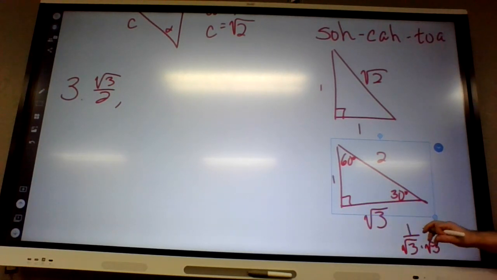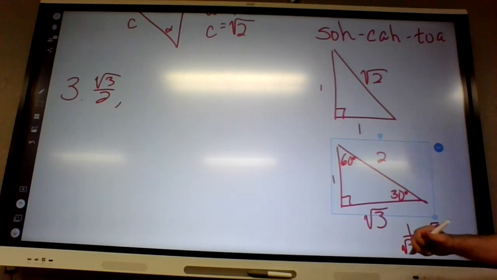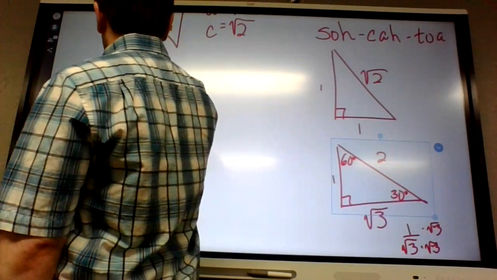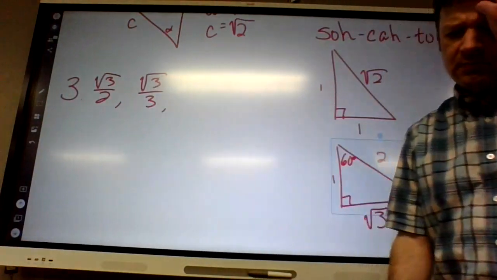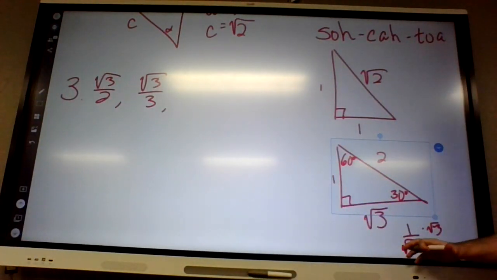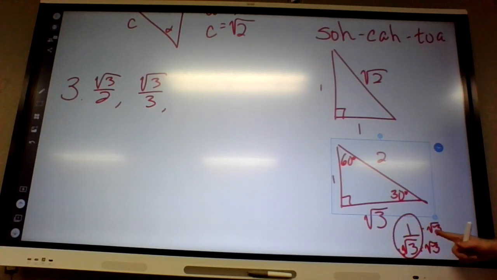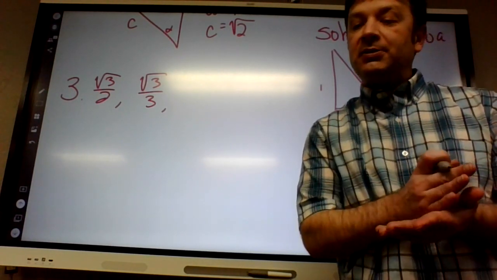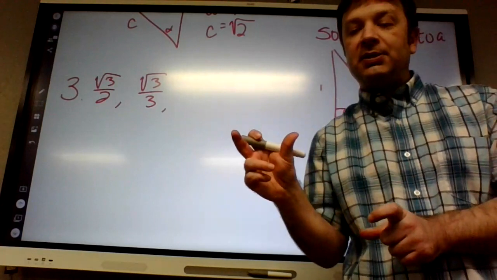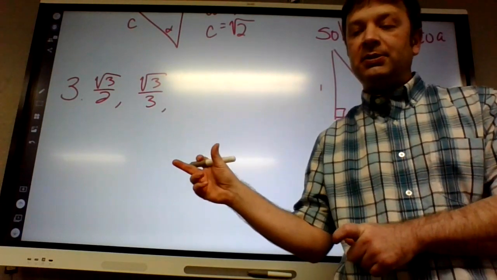Square root of 3 over 3. If you're not good with that, just plug that in your calculator, assuming you got a good calculator, and that will spit out that. Okay, and then it goes in order just like I did yesterday. So it goes sine, cosine, tangent, cosecant, secant, cotangent.